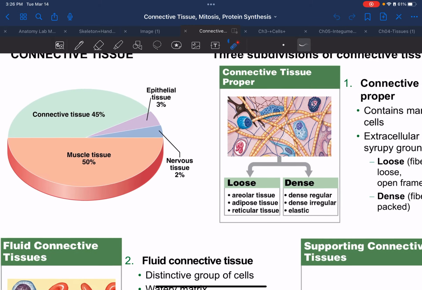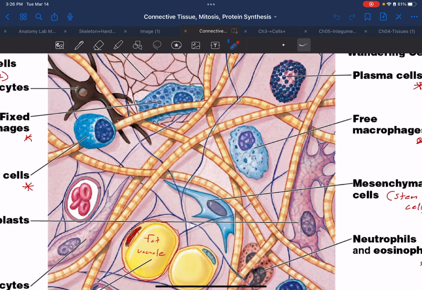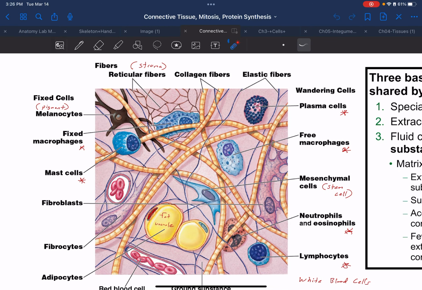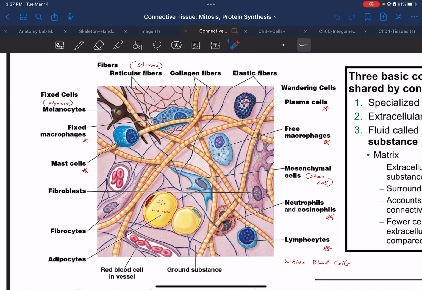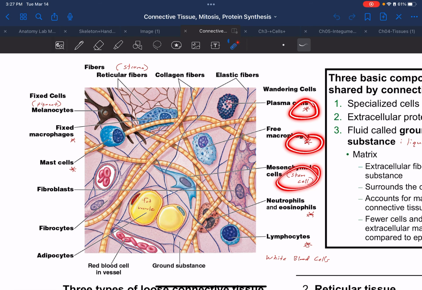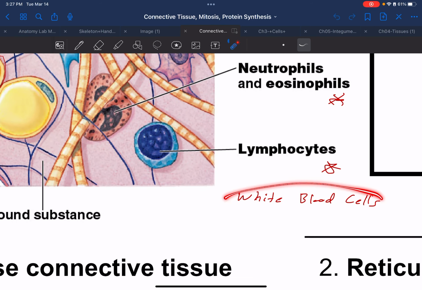Now, if we analyze the pictures of both of them, this is a nice little drawing of areolar connective tissue. Areolar connective tissue has a lot of ground substance, or a lot of fluid space. And what were all these asterisks representing? I told you all not to worry about it too much, but what were they representing? White blood cells.